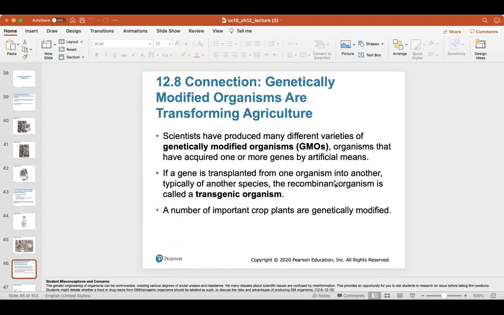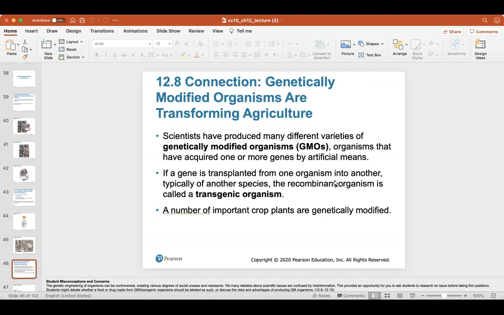Scientists have produced many different varieties of GMOs, which are organisms that have acquired one or more genes by artificial means. If a gene is transplanted from one organism into another, typically of another species, the recombinant organism is called a transgenic organism.